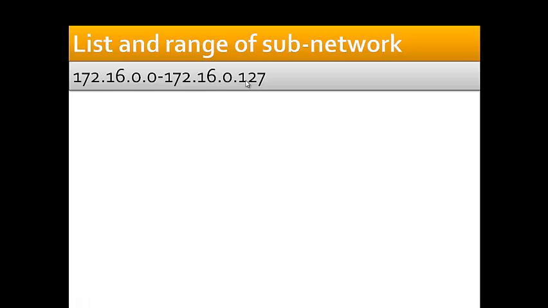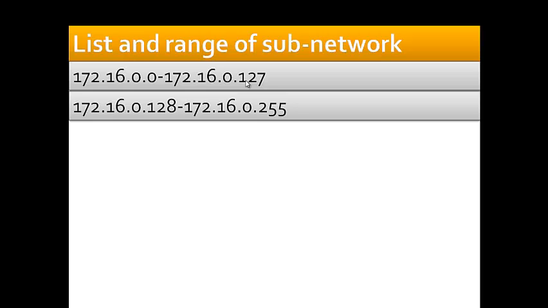And we have to make 512 networks. The second network goes from 128: 172.16.0.128 to 172.16.0.255, because it has a range of 128, so we start from 128 and it ends with 255.